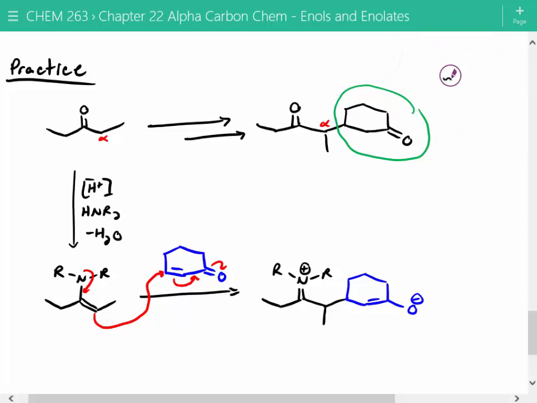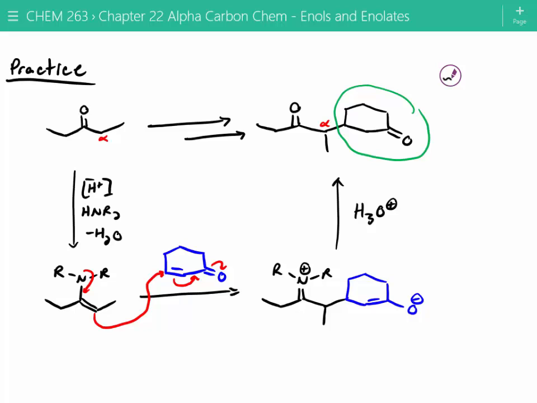And then in the last step, we can just treat this with acid to get back to our ketone. So we're deprotecting our enamine essentially, or our aminium ion, and then tautomerizing our enol back to the ketone.